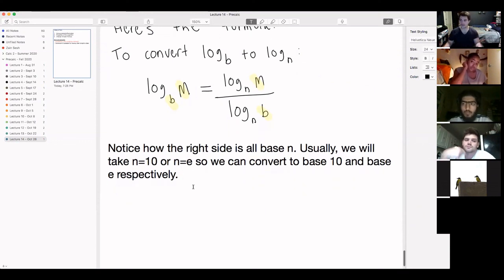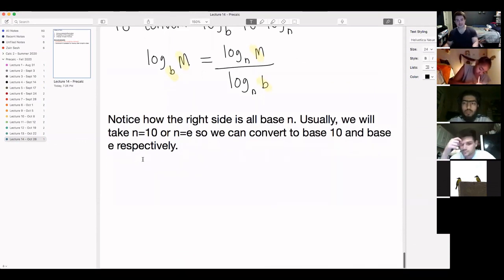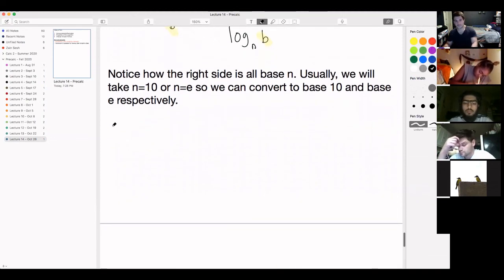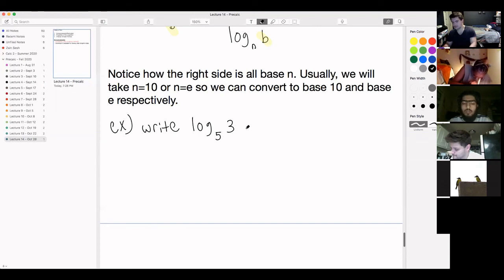All right, so here we go. We're going to do 2 examples and then we will be finished. Example: write log base 5 of 3 in terms of natural logarithms.